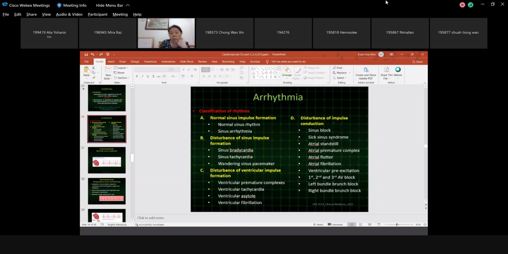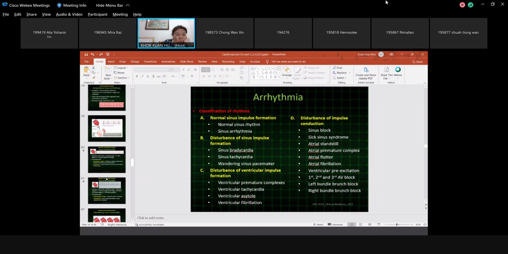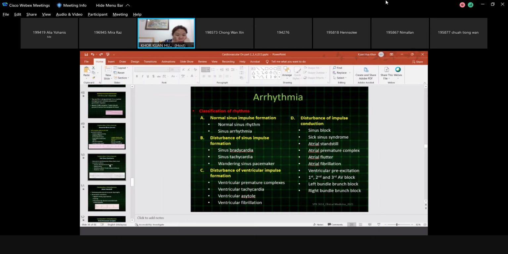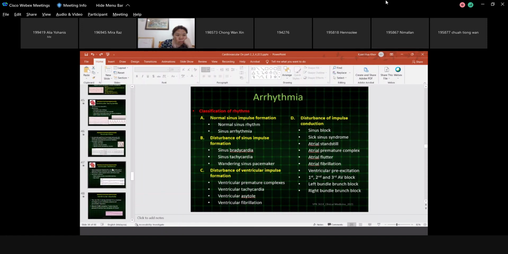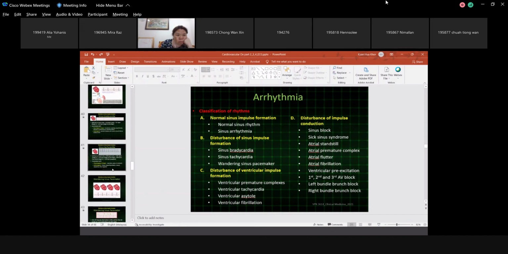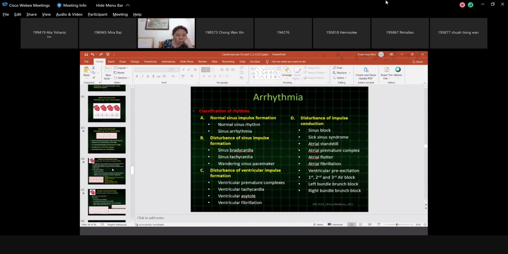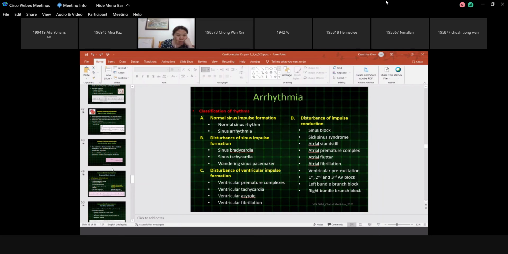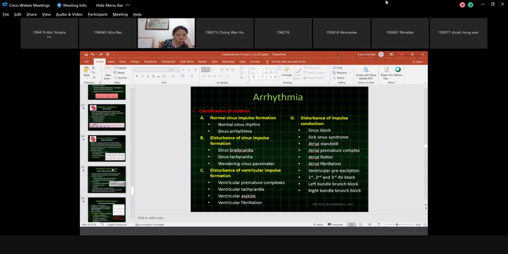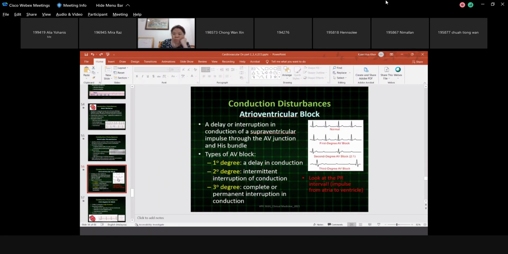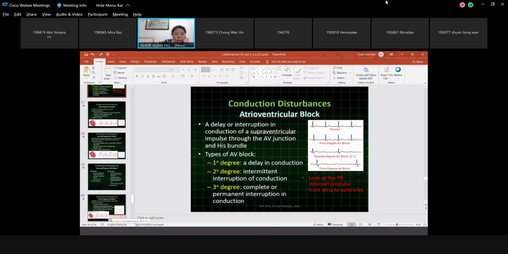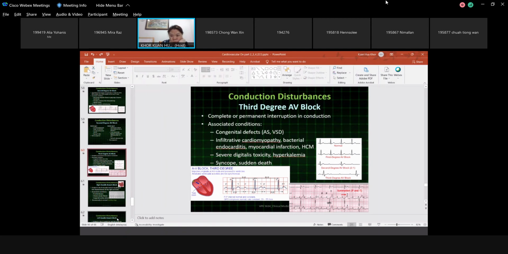Let's take a very simple example, SA block. If you are calculating SA block, for example, this one.